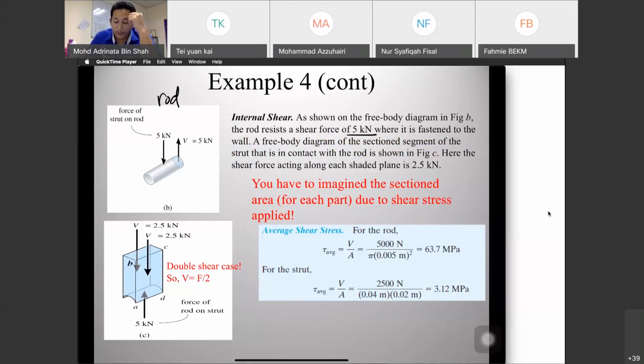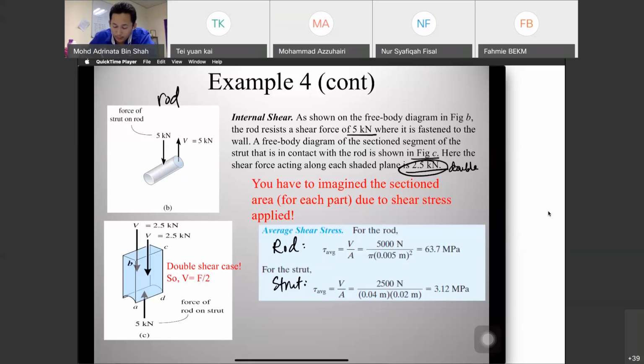A free body diagram of the segment of the strut that is in contact with the rod is shown in figure C. Here the shear force acting along each shaded plane is 2.5 kN. So for this plane it is double shear. So for the rod and for the strut, the wooden strut.